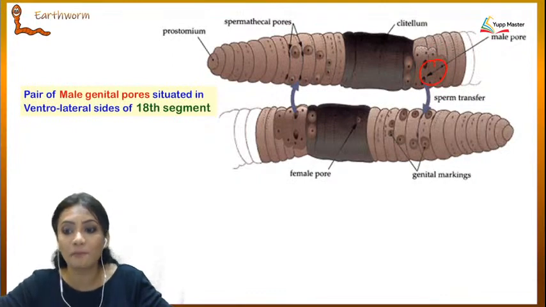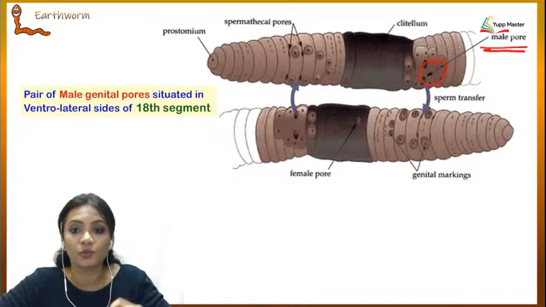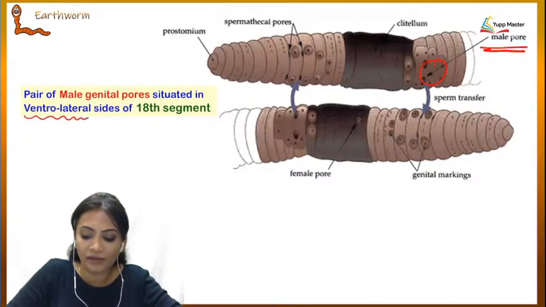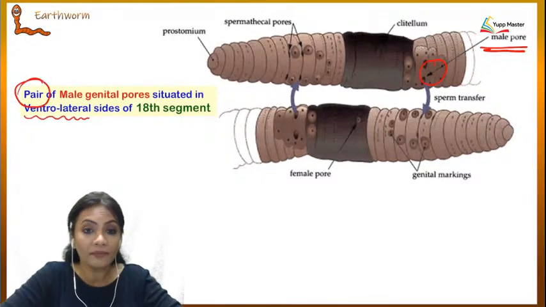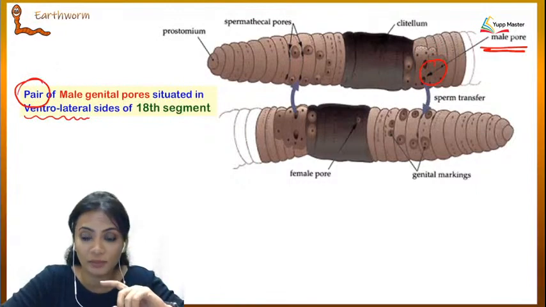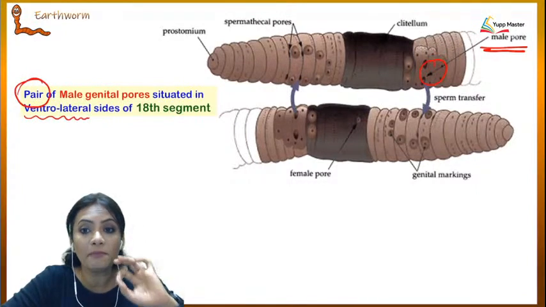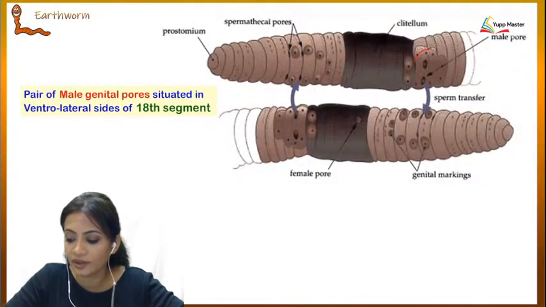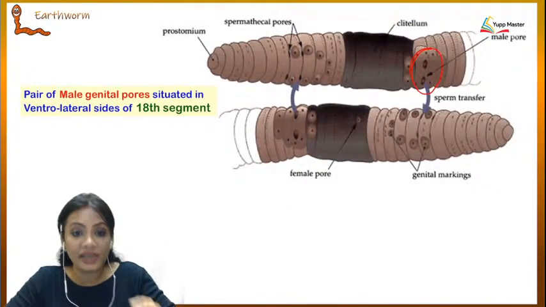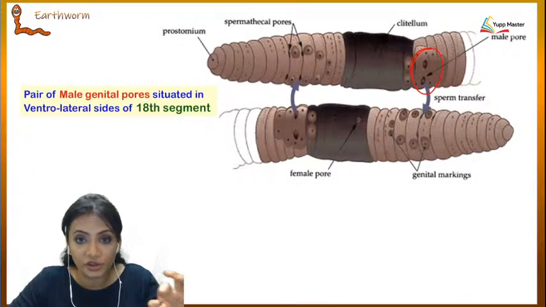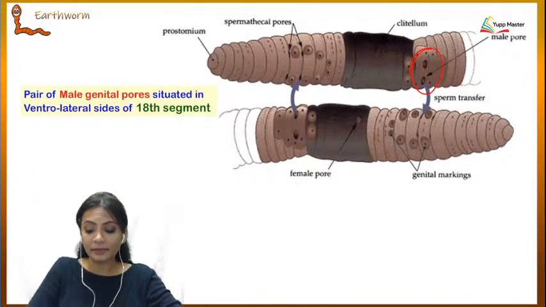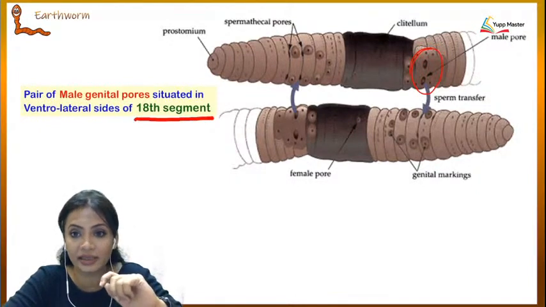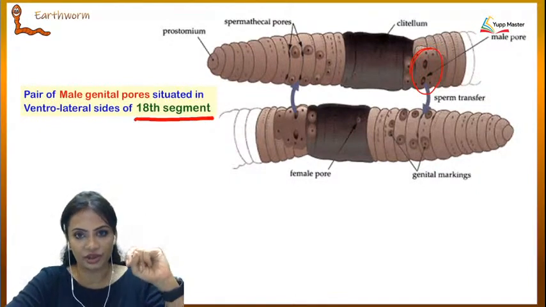So this is where the male pore is going to be. And which segment is it? It is again on the ventrolateral side. There is a pair. So when we're talking about the male genital pores, these are present in pairs. These here are present on the ventrolateral side of which segment? Segment number 18. So on segment number 18 you have a pair of male genital pores.